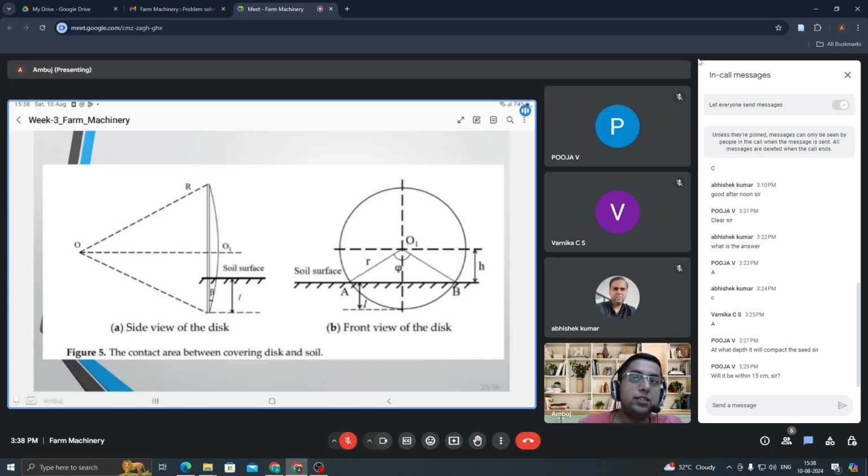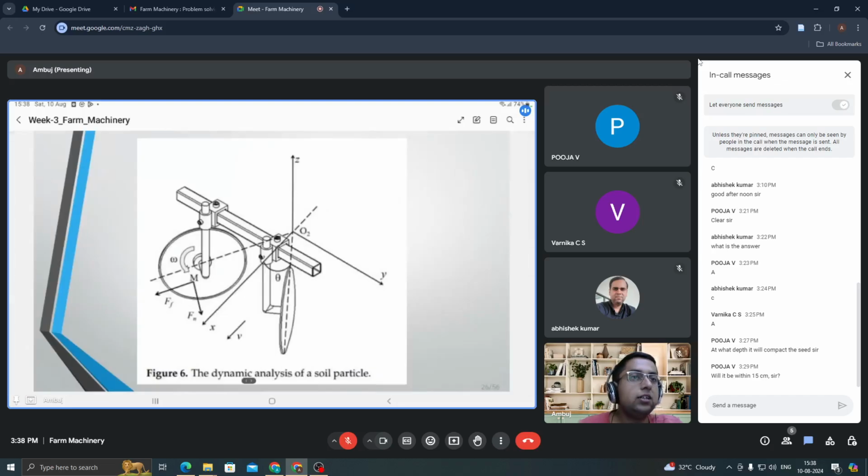In this figure we have shown the contact area and how particular forces are acting, which will be dealt with in this analysis. Both discs are getting attached. Some soil force, soil resistance is there, and that would be acting on my structure, and the structure should be able to bear the bending moment as well as the turning moment. So we design for strength in this particular case.